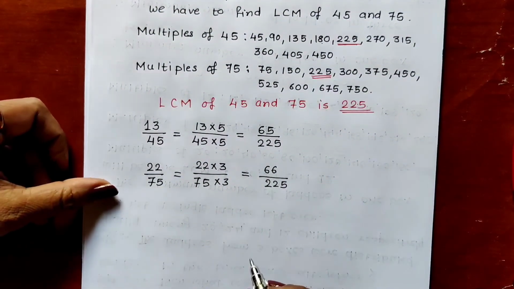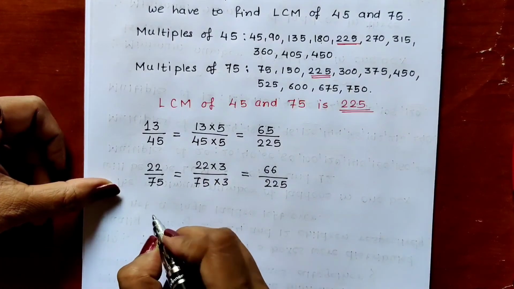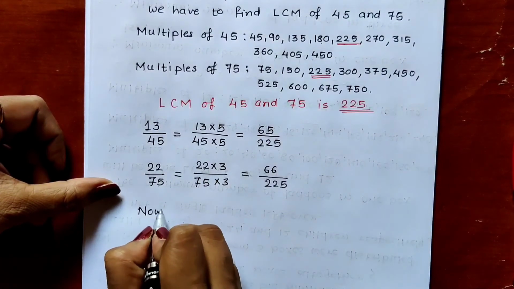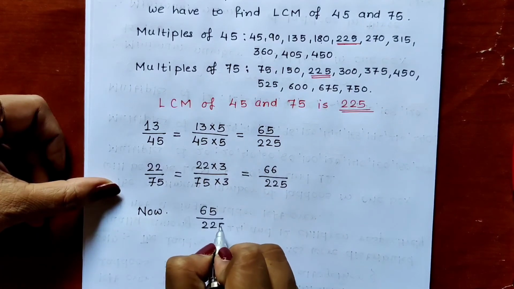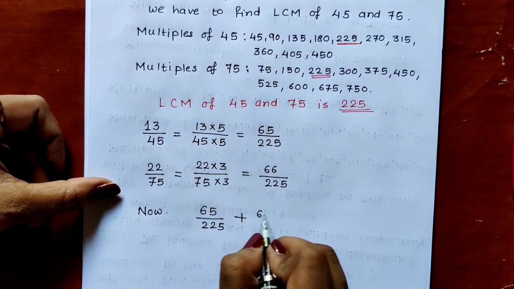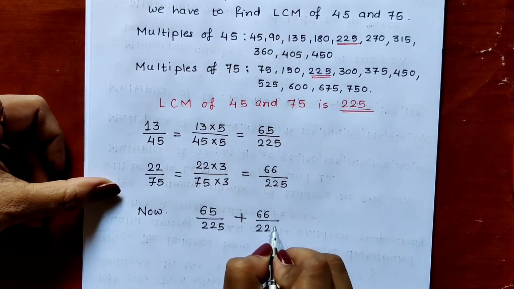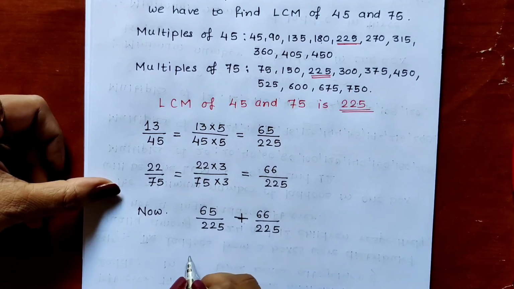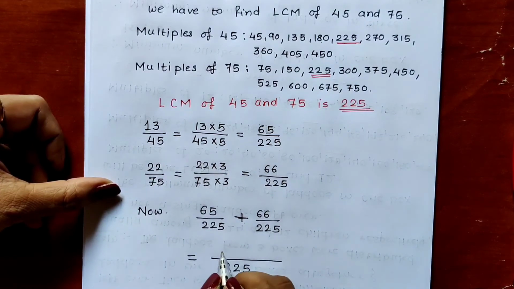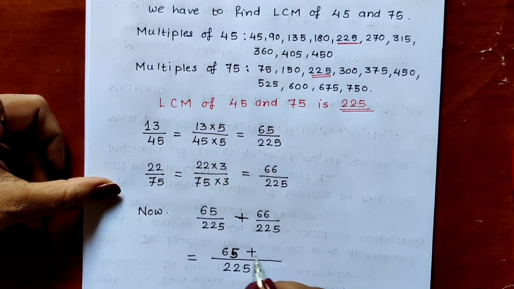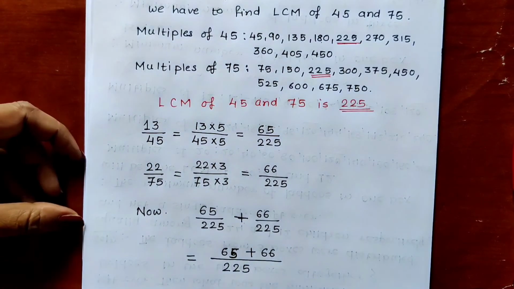Now we can add them. So now add 65 upon 225 plus 66 upon 225. How to add? When the denominator is the same, we write the denominator one time and we add the numerators. 65 is the numerator of the first fraction and 66 is the numerator of the second fraction.